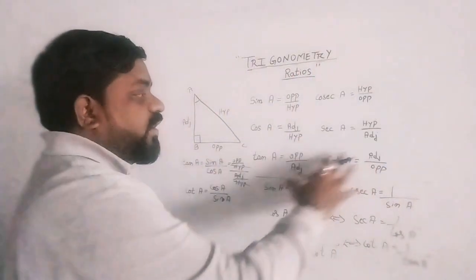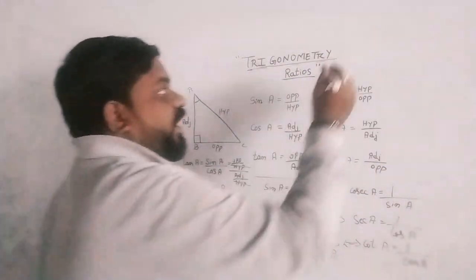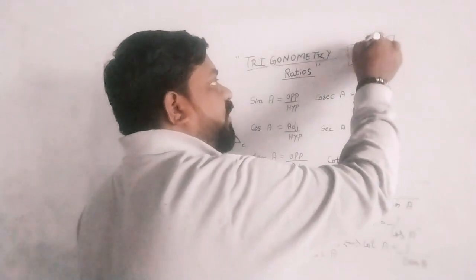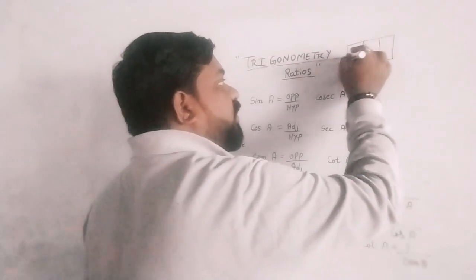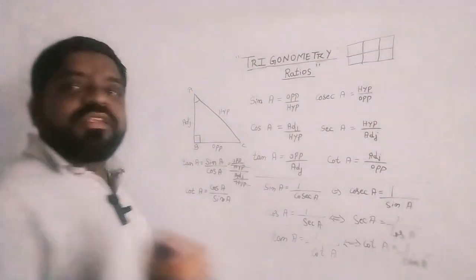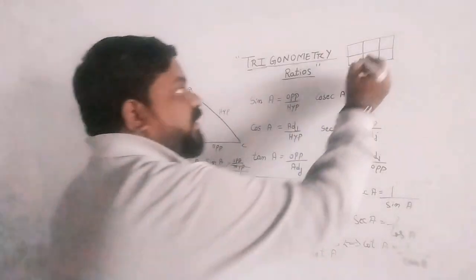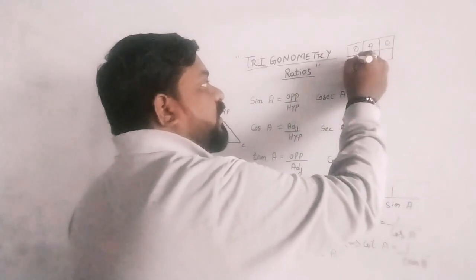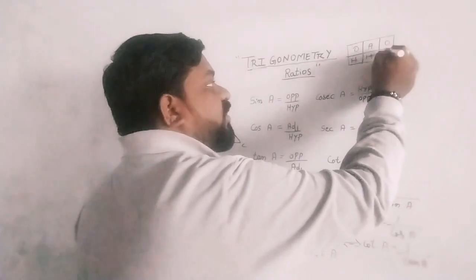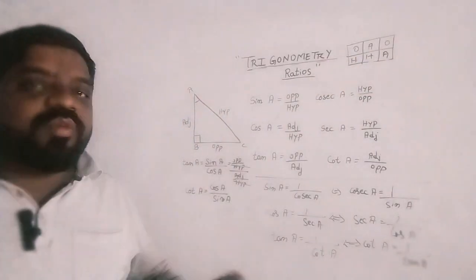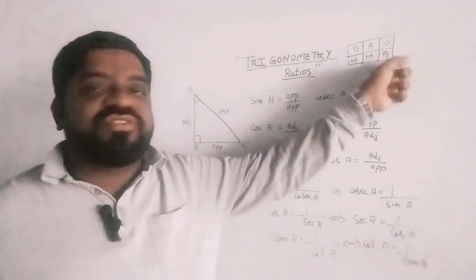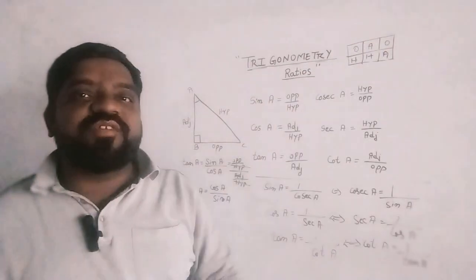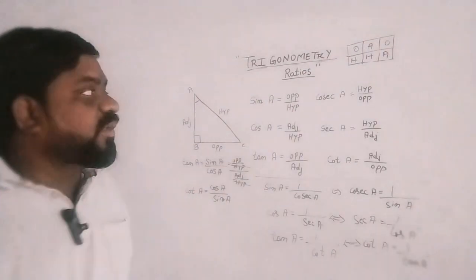So this entire trigonometric ratio you can remember with a small table. Whenever you are solving a sum, make a small table and just write O A O, H H A. What do you mean by this? O stands for opposite, A stands for adjacent, and H stands for hypotenuse.